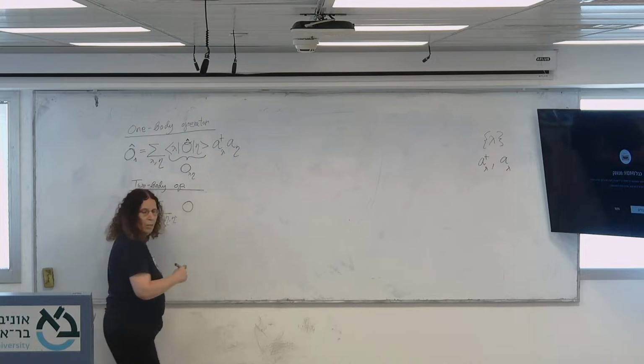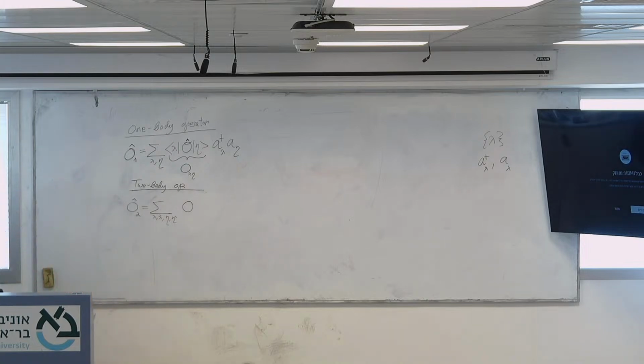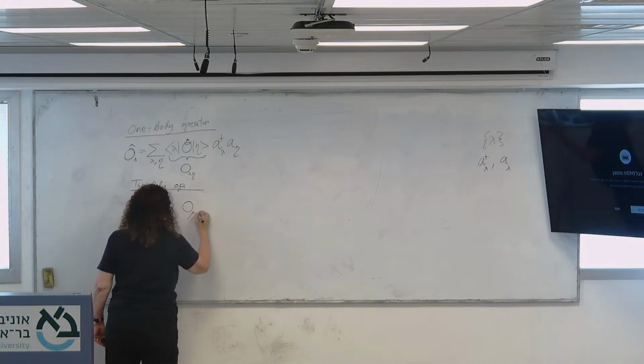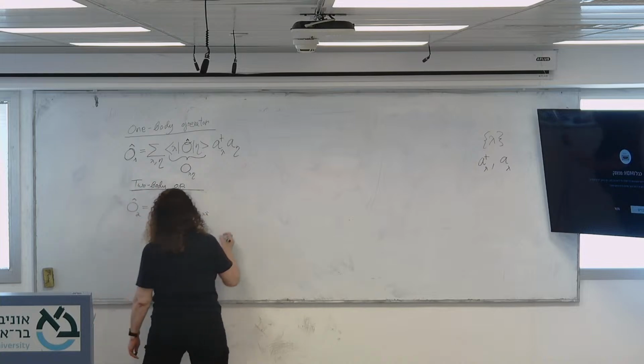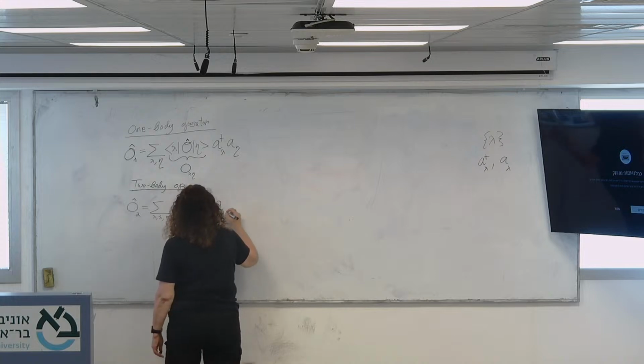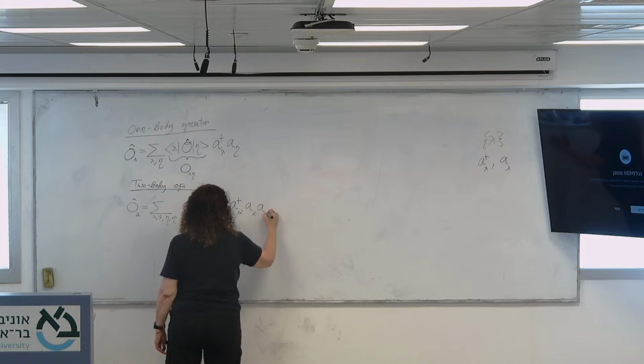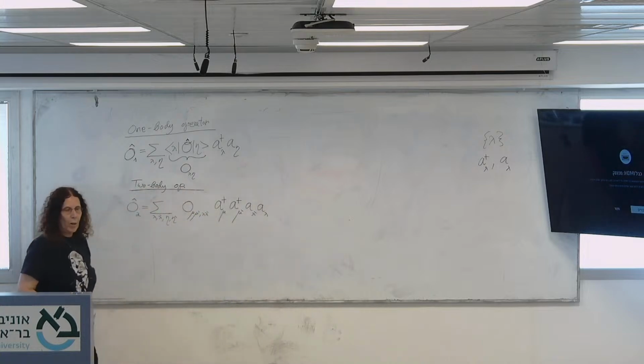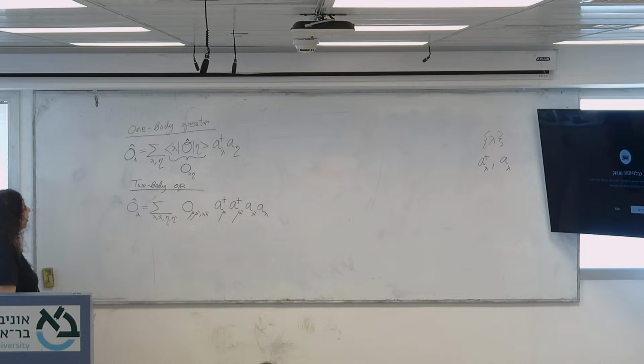I want to use the notation. And then we have A mu dagger, A mu prime dagger, A lambda prime, A lambda. Okay, this will be our notation.